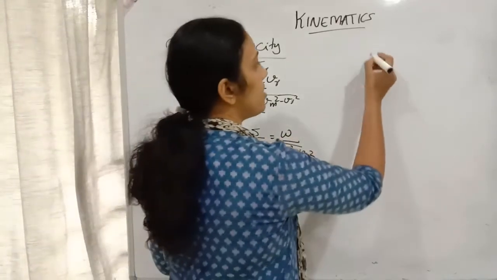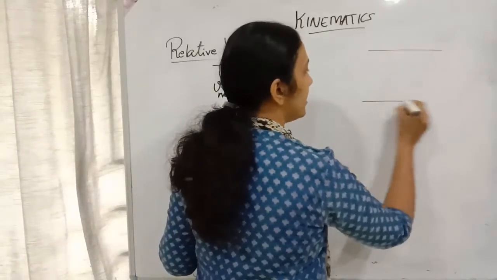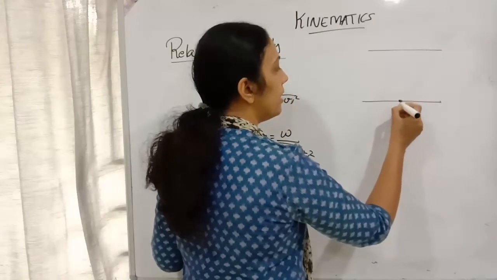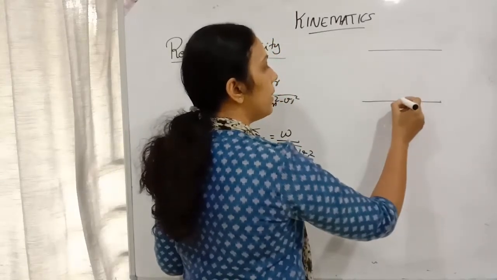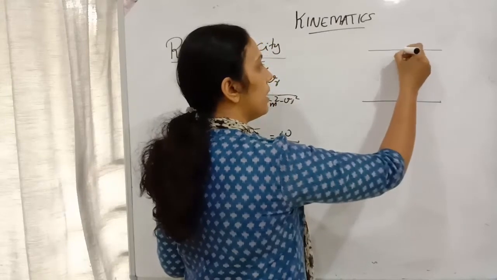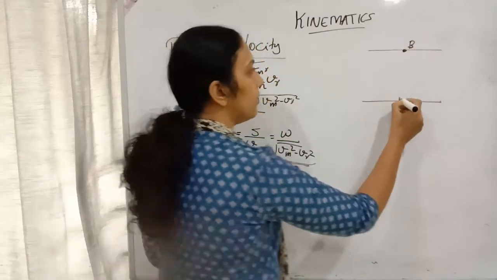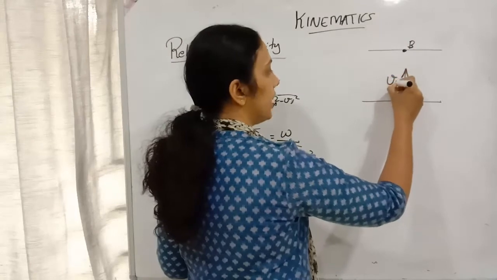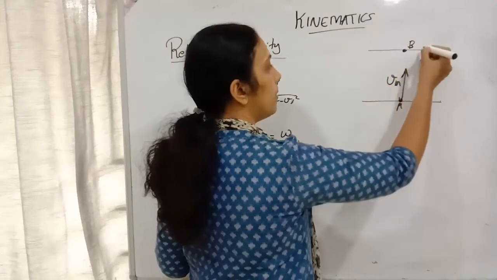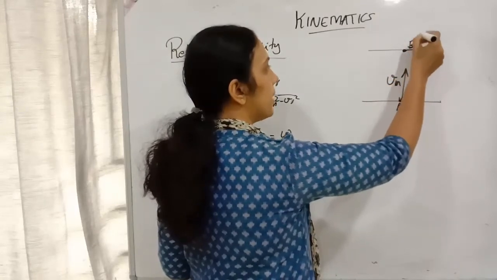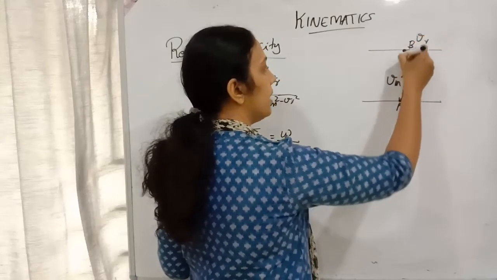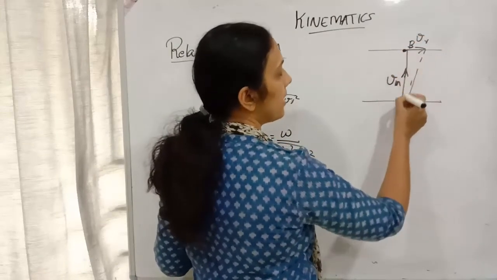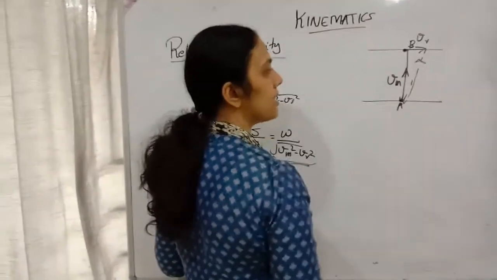If the question asks for the shortest time, then he will be moving in this direction, exactly opposite, with velocity Vm. Because of the river current, he will reach this point. This is Vm and the resultant velocity will be acting in this direction.